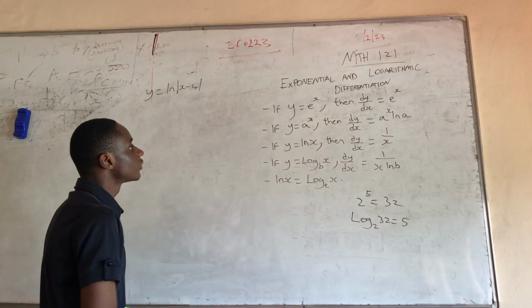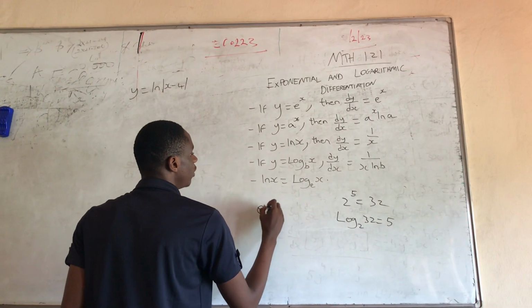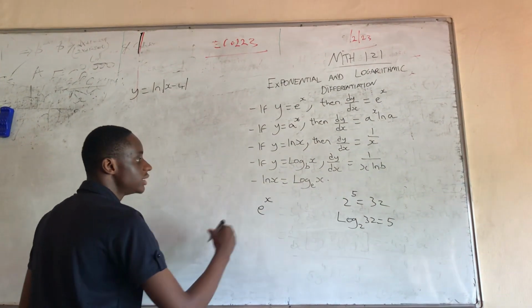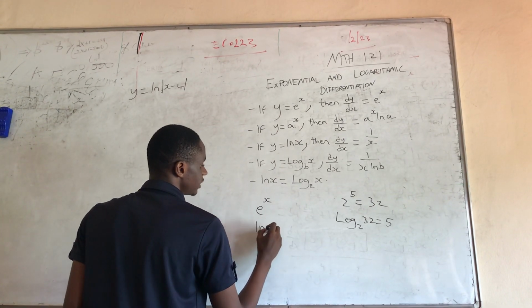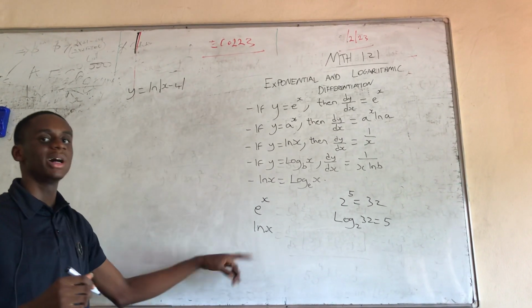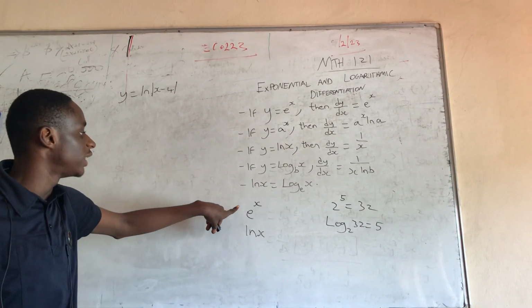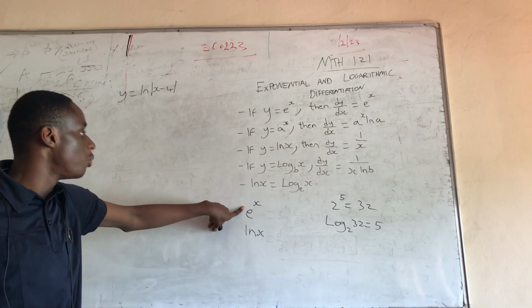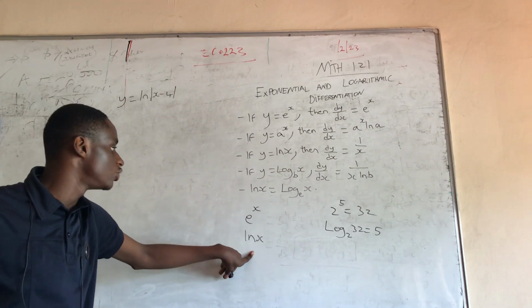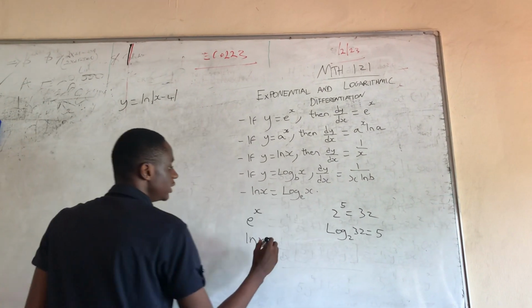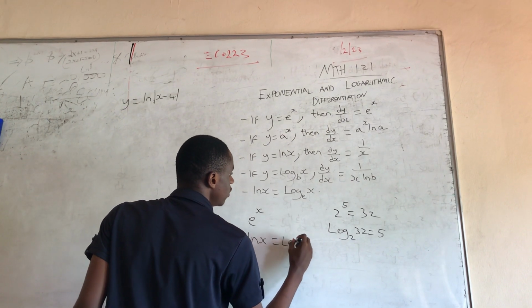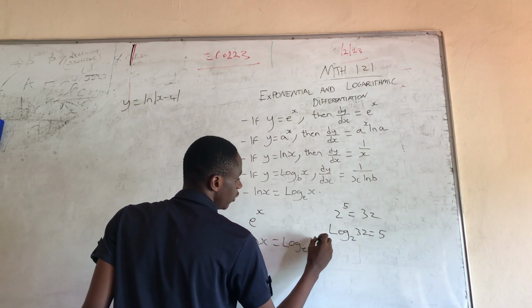In the same way, e to the power of x and ln x are inverses. In this case, we are talking about natural logarithm, so this is the inverse of this. If you want to find this, you use the opposite or the inverse of this. And this one, as we wrote here, is equal to logarithm to the base of e of x.